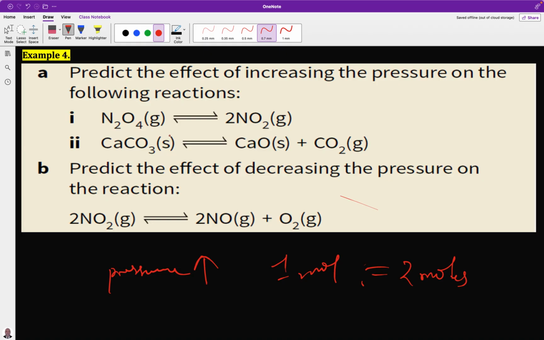Increasing the pressure means that there is more frequent collision between the particles and the walls of the container. So what happens to the number of gaseous molecules? The reaction will move to the direction of fewer gaseous molecules to decrease the pressure.